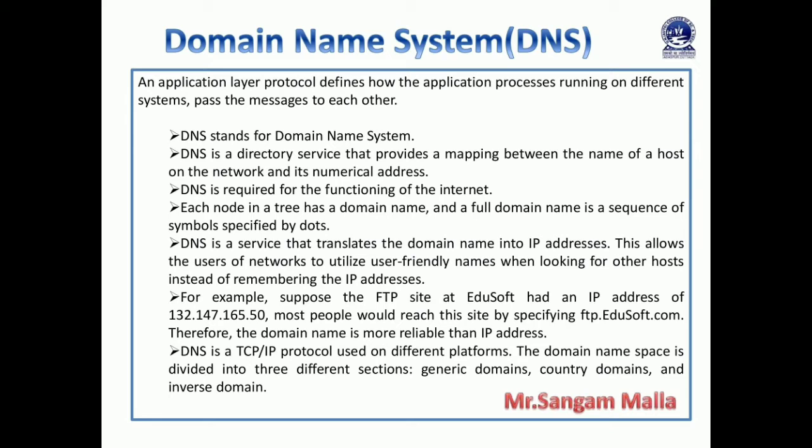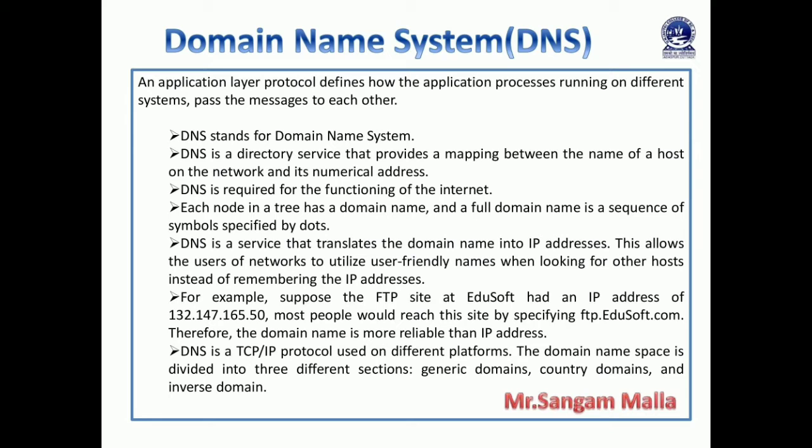So DNS is directly linked to TCP/IP in order to transfer the data from one location to another. The domain name space is divided into three sections. The first section is generic domain, the second section is country domain, and the last is inverse domain.